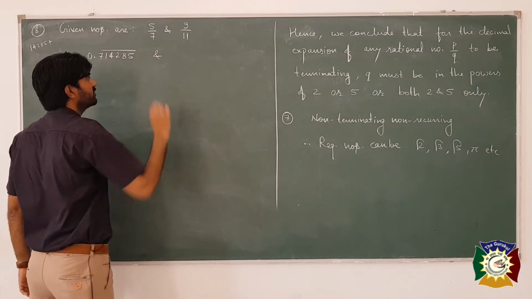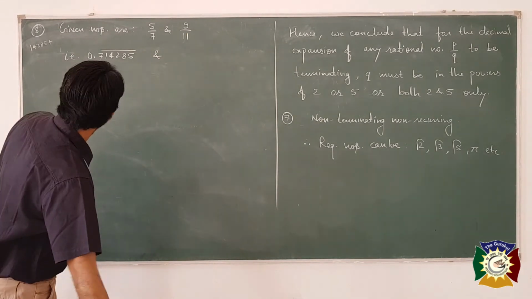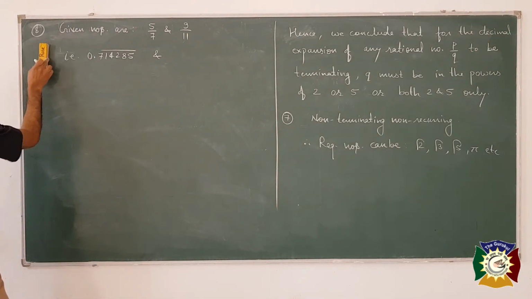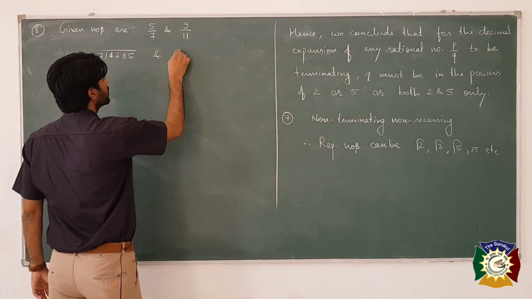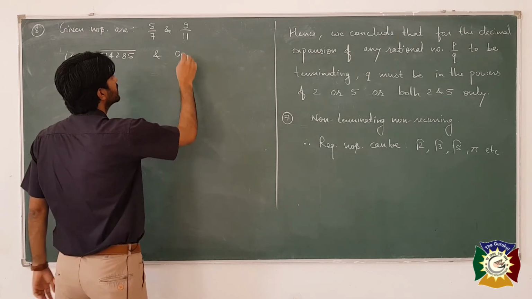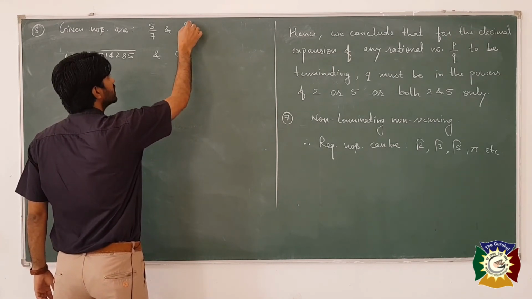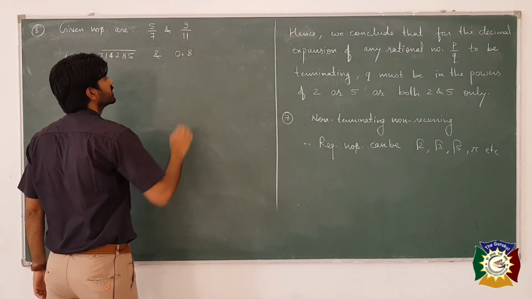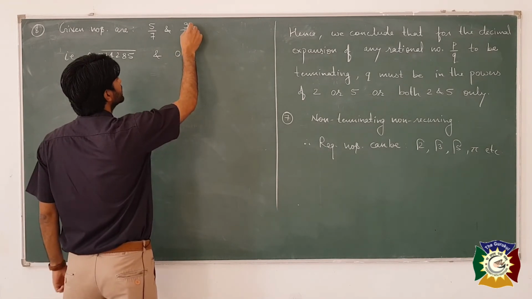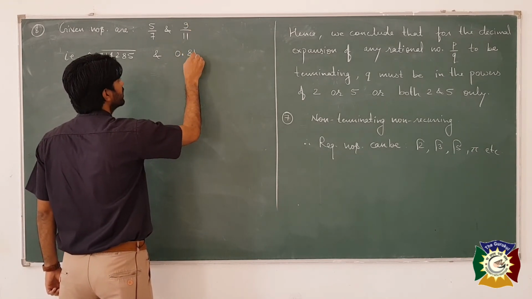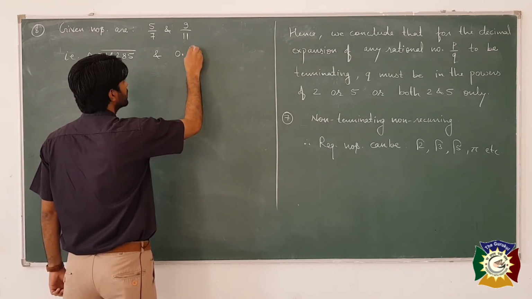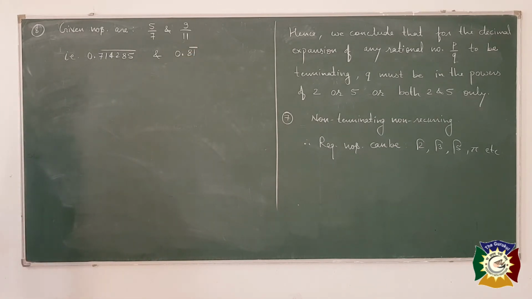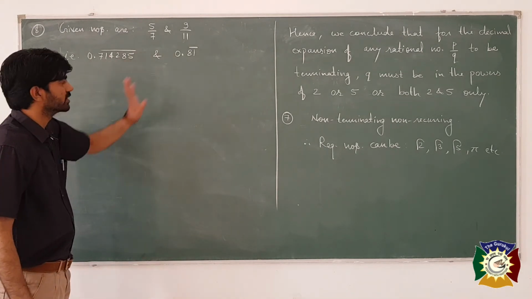And 9 by 11 we can write as 0.81 with a bar on 81. Okay, these are the given numbers.